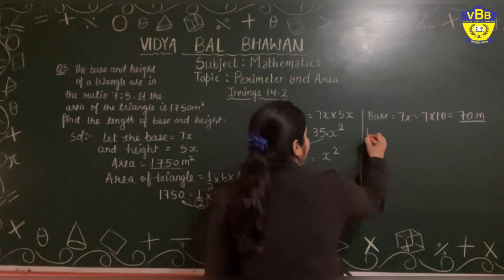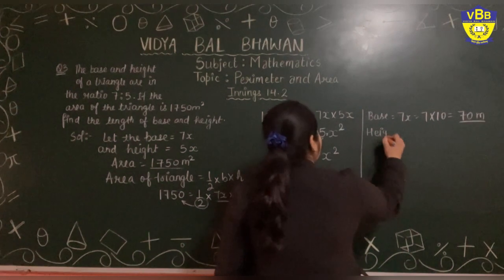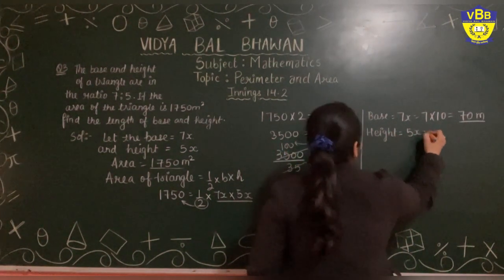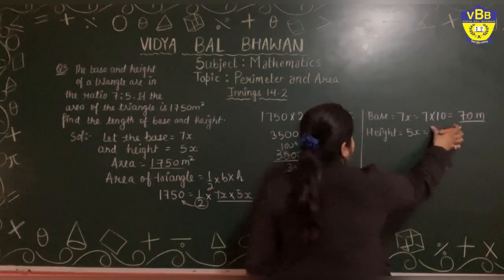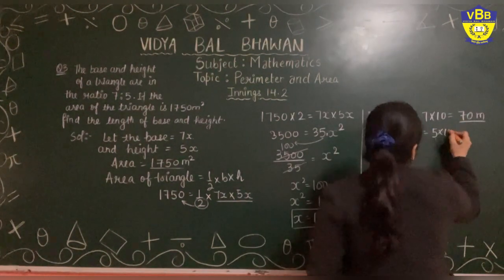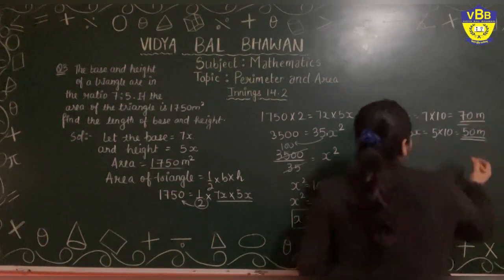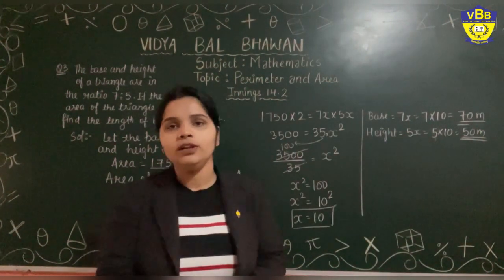What is the height? Height is 5x, that means 5 multiplied by 10 gives you 50 meter. These are the answers we are actually looking for.